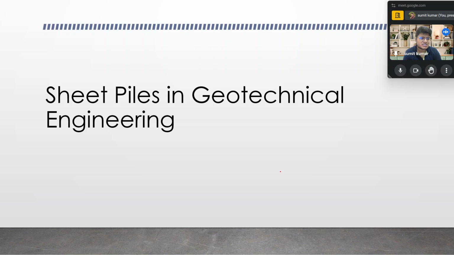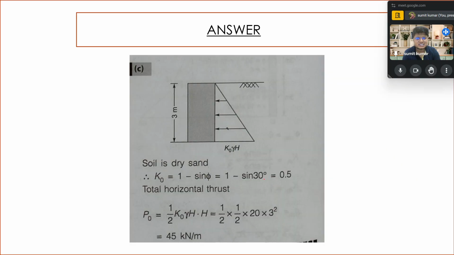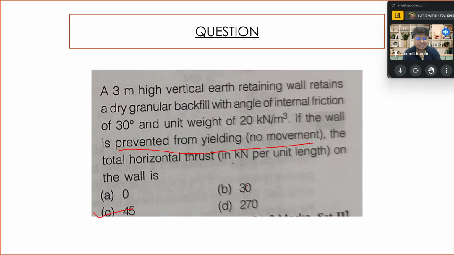Why is the phi value mentioned? From an exam perspective, not practical field application, the value of phi is mentioned and they confuse the question so that you assume it is an active state condition. But somewhere they have hidden words, like in this same problem, where they write no movement.